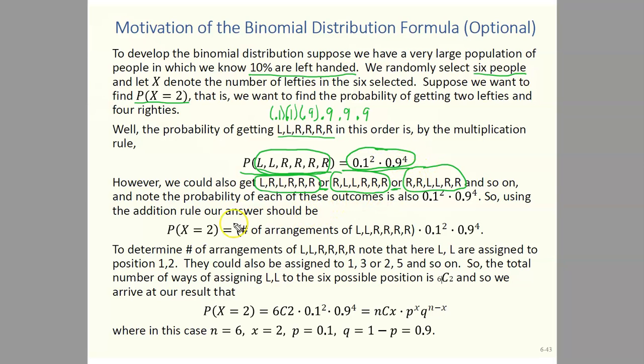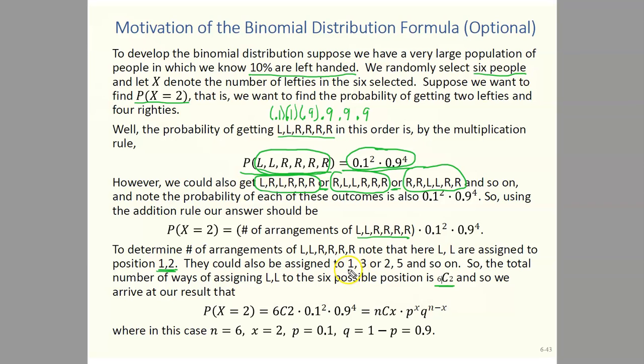Well, think about it like this. How many arrangements are there of left, left, right, right, right, right? The 2 left-handed people are assigned to positions 1 and 2. But they could also be assigned to positions 1 and 3, like right here, or positions 2 and 5, and so on. So the total number of ways of assigning the 2 left-handed people to the 6 possible positions is 6C2.